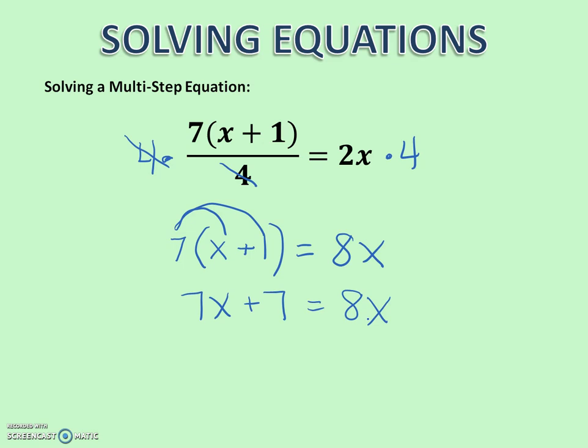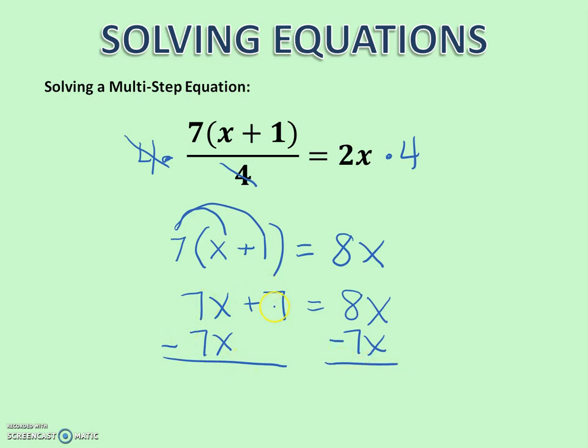Now we may notice that we have a variable, this x, on both the left side and the right side of the equation. As we said before, we want to isolate that variable. So we need to make it cancel on one of the sides of the equation. Since this 7x is positive, let's go ahead and subtract it from both sides.